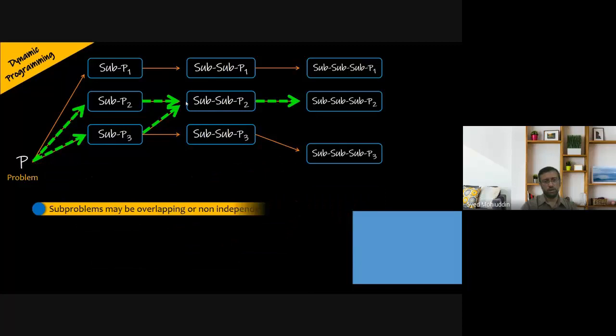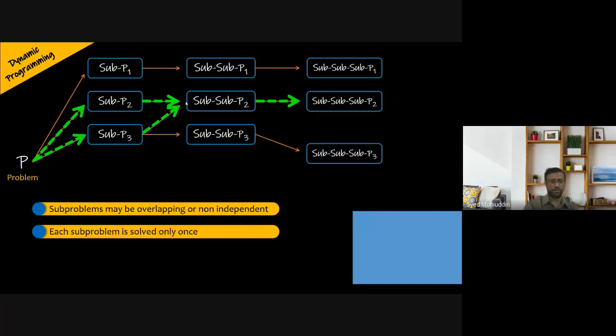So in dynamic programming, when we divide a problem into sub-problems, the sub-problems may be overlapping or they may not be independent. Remember this thing. Then each sub-problem, whether it is sub-problem P1 or P2 or P3, is solved only once. We don't solve these problems again and again.